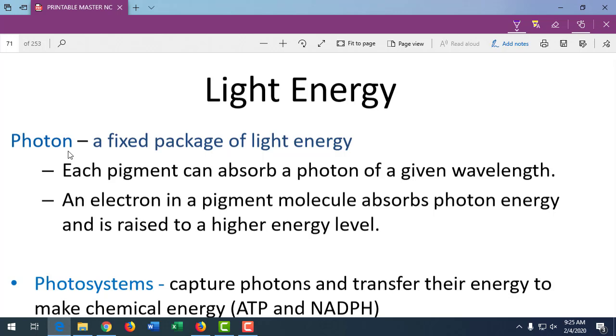The light that we're talking about, the blue portion of the electromagnetic spectrum, those are particles of light which we call photons. And that's what's absorbed by the pigments, chlorophyll A and chlorophyll B and the carotenoids. So they absorb these photons, and that's what kicks off photosynthesis. We've got to have the light to start the process of photosynthesis.